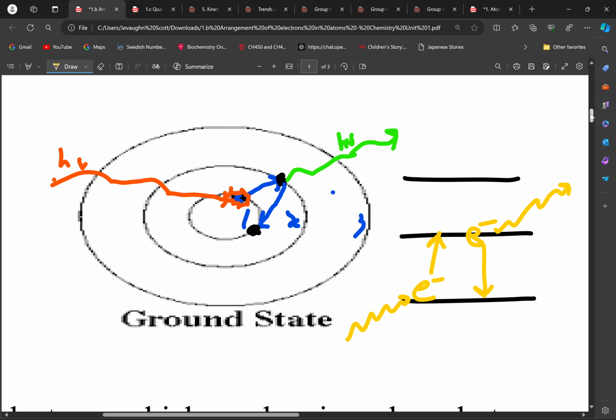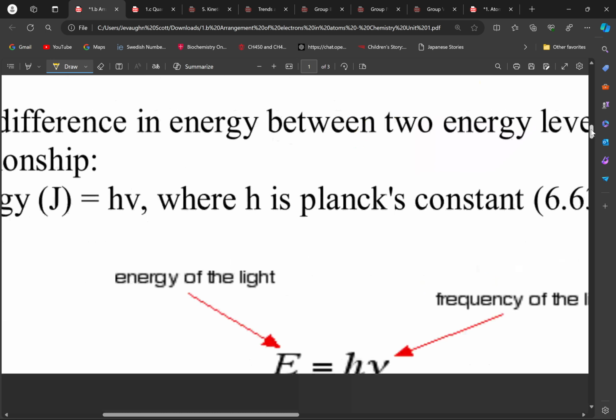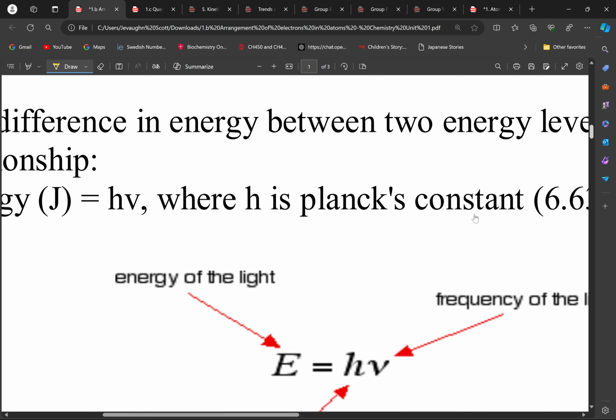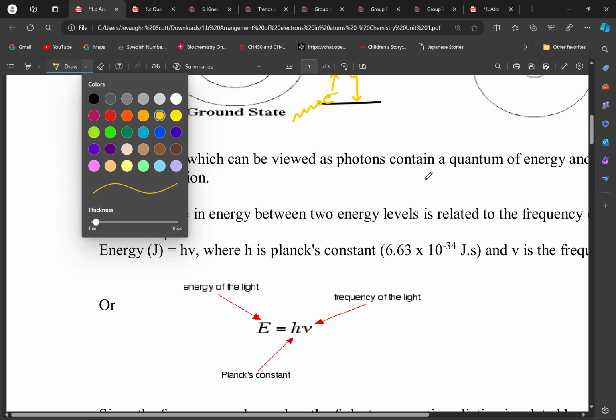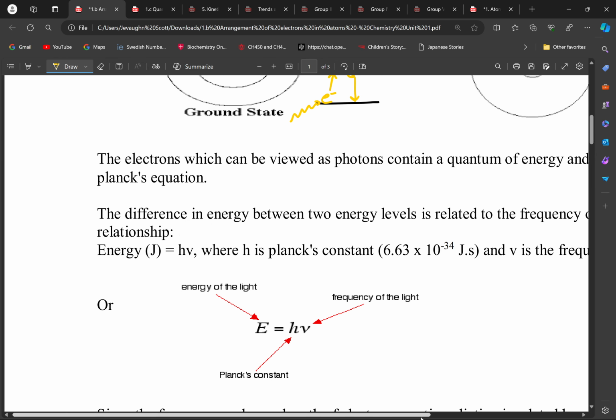For hydrogen specifically, what we're collecting is the light emitted when the electron in hydrogen is promoted to the different energy levels, in order to create a spectrum. So we're going to explore that spectrum.